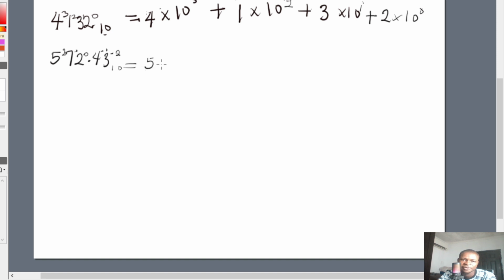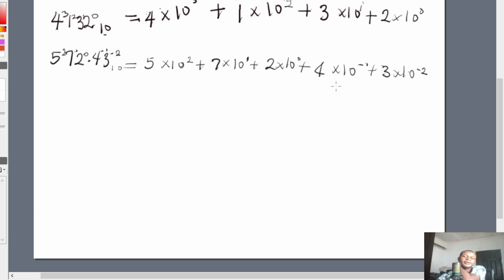I will have 5 times the base, which is 10, raised to the power of 2, plus 7 times 10 raised to the power of 1, plus 2 times 10 raised to the power of 0, plus, remember, don't mind the point here, it's still going to be addition, 4 times 10 raised to the power of -1, plus 3 times 10 raised to the power of -2. So that's what we have for expansion form.